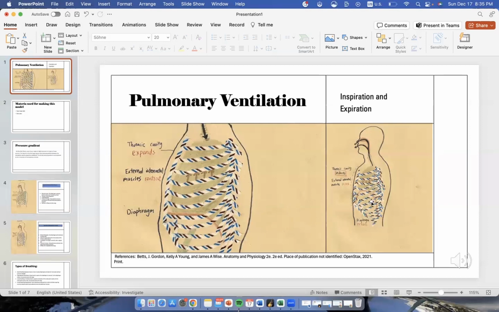I use these color pens to draw the respiratory system, such as the lungs, presented as the gray area, and the respiratory tubes. Here is the trachea. Here's supposed to be the pharynx, and here's the nasal cavity and the oral cavity. I also use the same pink color to describe the diaphragm, and the external intercostal muscles are not showing here, but you can see the direction they make.